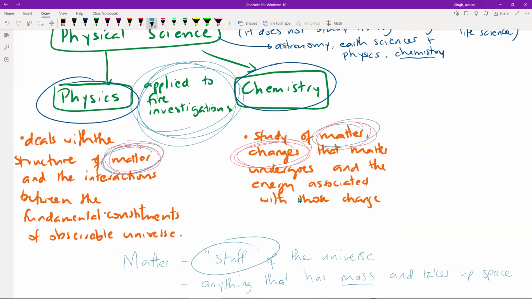And how it undergoes changes, the energy associated with those changes as well. So when the fuel burns, how does the temperature change? How does the fire spread? All of those really go all the way back to the study of science, and understanding how that happens is key in your fire investigations.